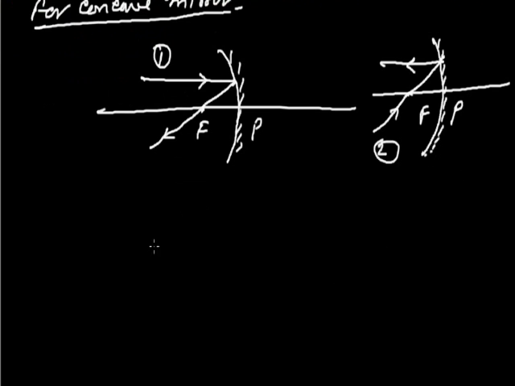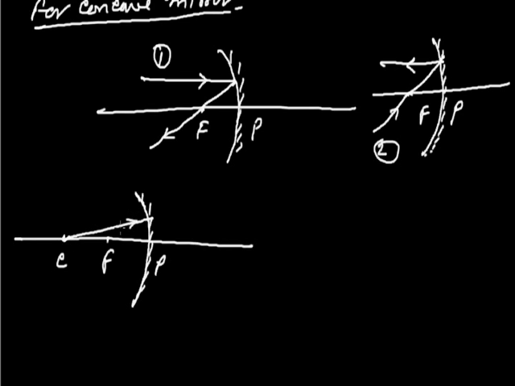Third ray or third rule is concave mirror. This is pole, here is focus point, here is center of curvature. A ray passing through center of curvature, it will come back on the same path because this ray falls on the mirror normally. This is the third rule or third ray.